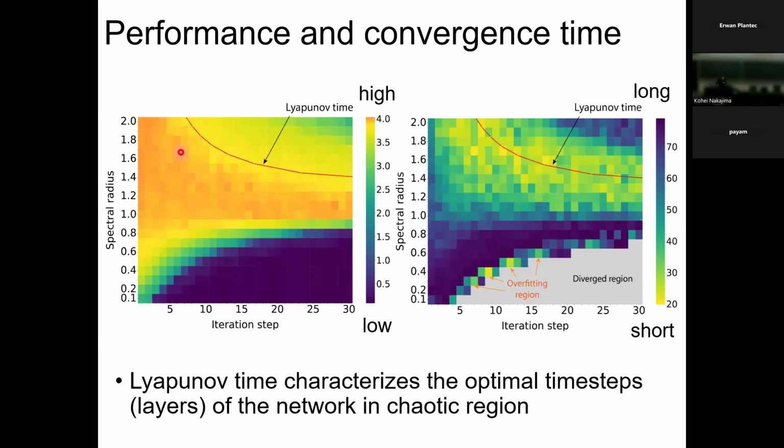So it is using the expansion property of the chaos, but it's still using some kind of correlation. And if it exceeds this Lyapunov time, then the computation power is reduced. And we also found that around this Lyapunov time range, the convergence time is very quick. So the learning is very fast.